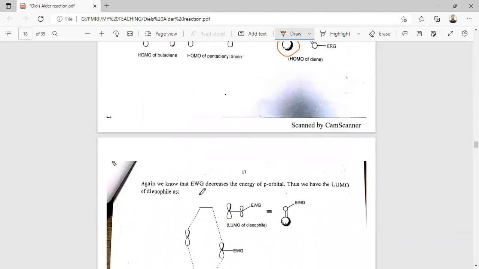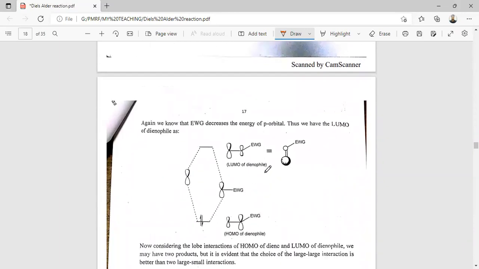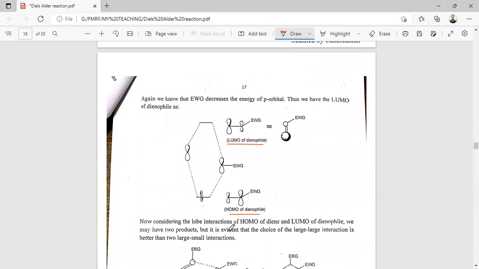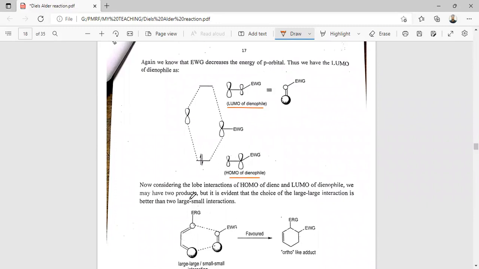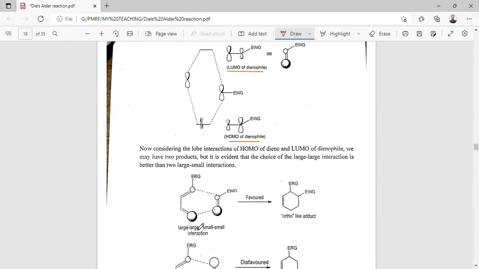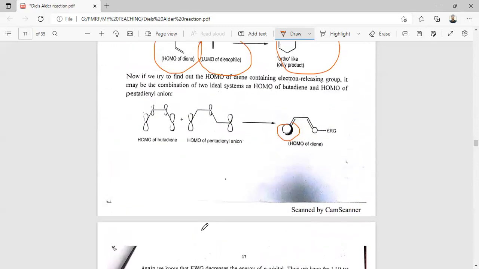Again, we know that an electron withdrawing group lowers the energy of the orbital. Thus we have the LUMO of the dienophile. This is the HOMO of the dienophile, and this is the LUMO of the dienophile. Now considering the interaction of the HOMO of the diene and the LUMO of the dienophile, we may have two products, but it is evident that the large-large interaction is better than the large-small interaction.